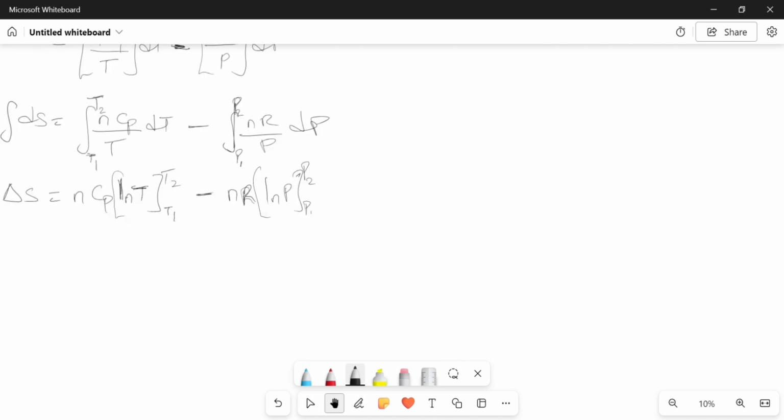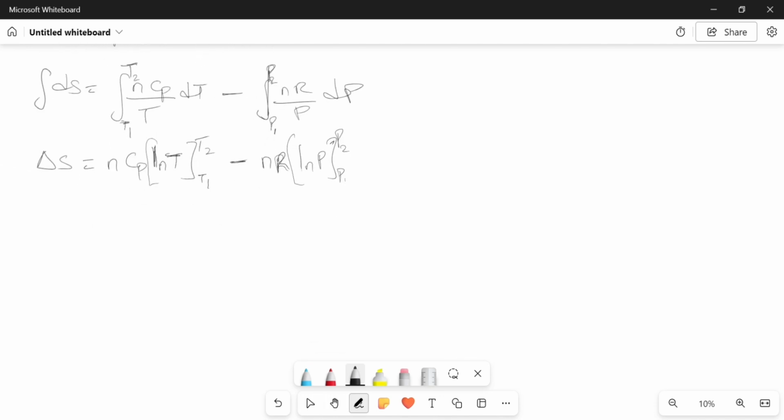Since I'm having that, if I substitute T2 and T1 there, we have the change in S equal to nCp times ln T2 minus ln T1, minus nR times ln P2 minus ln P1.